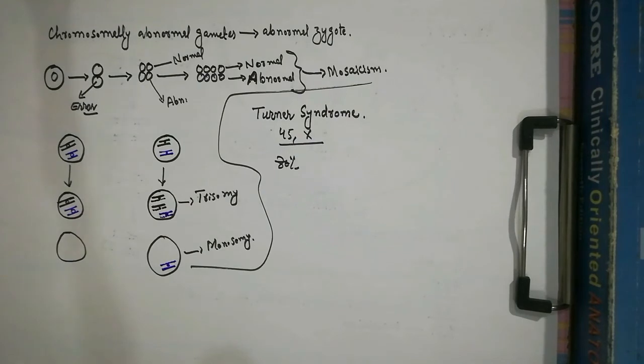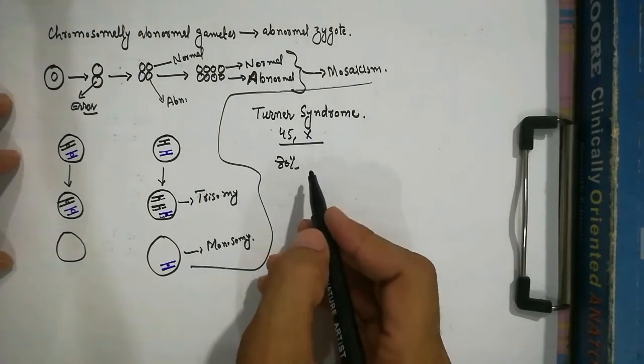Sometimes the terms partial monosomy and partial trisomy are used, so you should also clear these terms. When one chromosome is less than the euploid number, for example 45, this is monosomy. Partial monosomy is the condition when a part of a chromosome breaks and is lost.